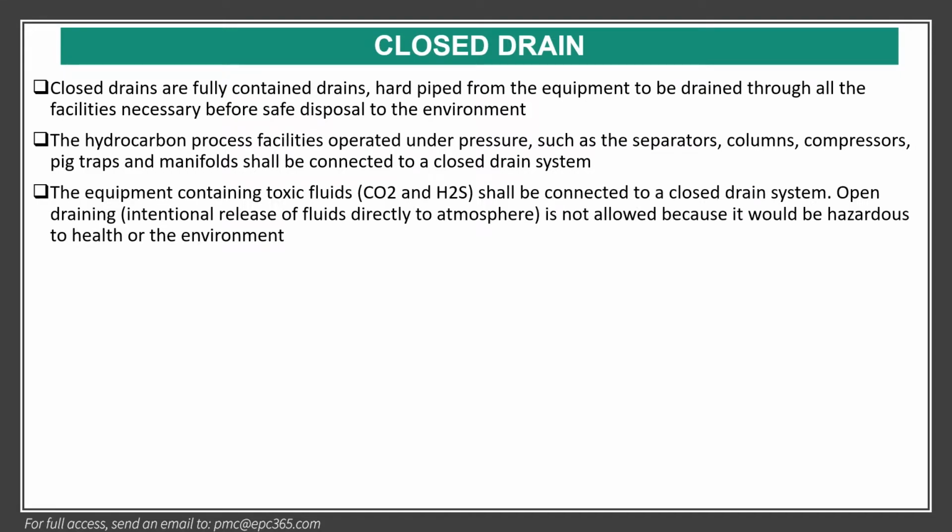And the equipment containing toxic fluids like CO2 and H2S shall be connected to a closed drain system. Open draining, the intentional release of fluid directly to atmosphere, is not allowed because it would be hazardous to health and the environment.